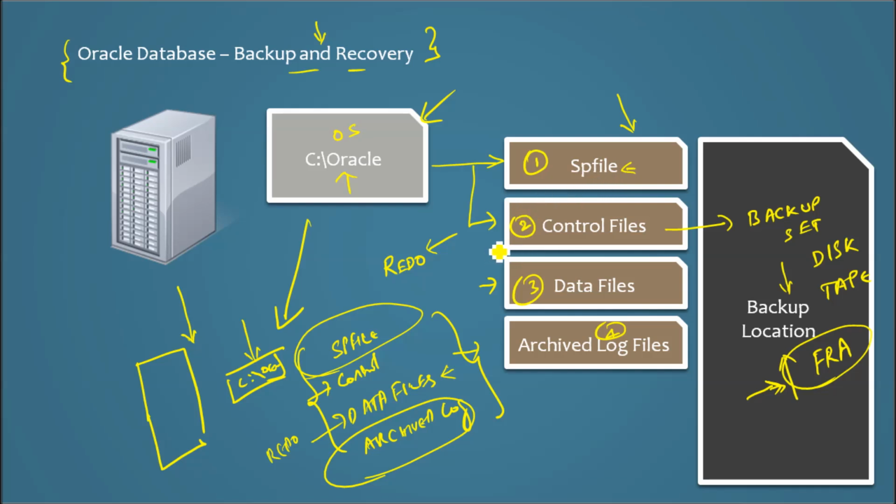From there we get the information about the control files, and from there we get the information about the data files. And to make the data files consistent, we need to get data from archived log files. We will see this in detail a little bit later.